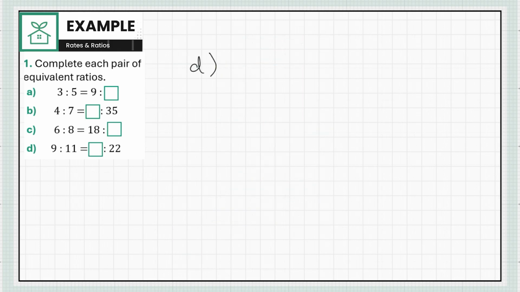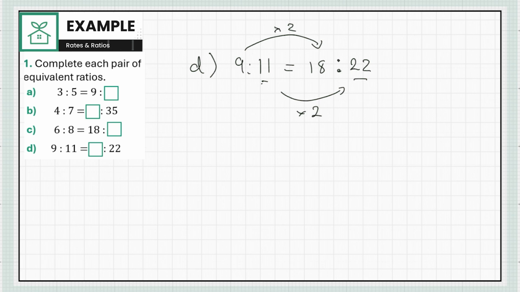Our last one, D, is 9 to 11 is equal to some number, which is our unknown, to 22. So to go from 11 to 22, I've multiplied this by 2. I just have to do the same to the 9. 9 times 2 is 18.